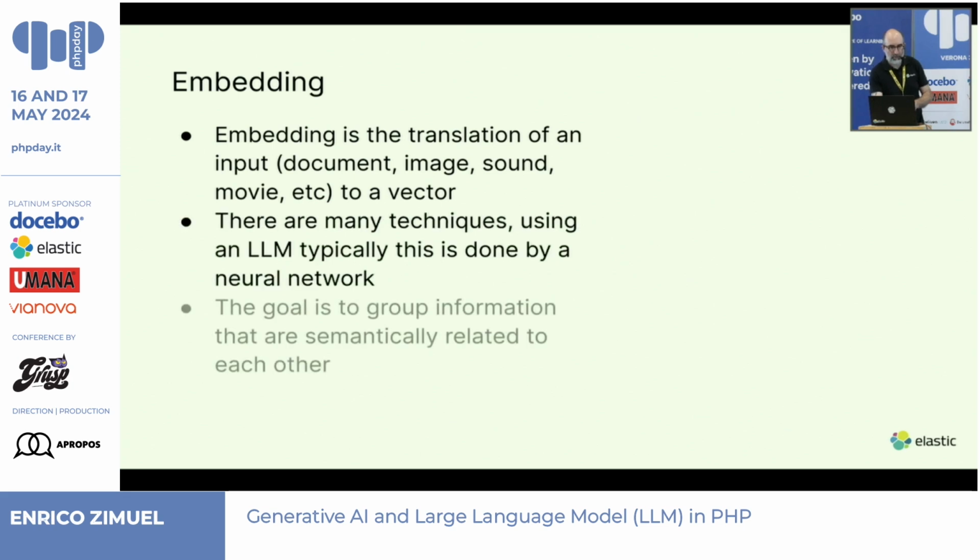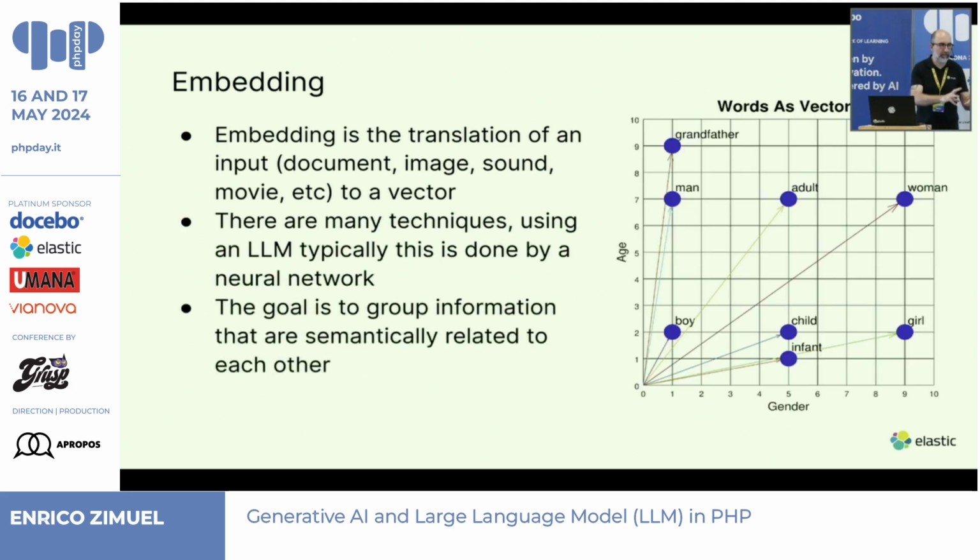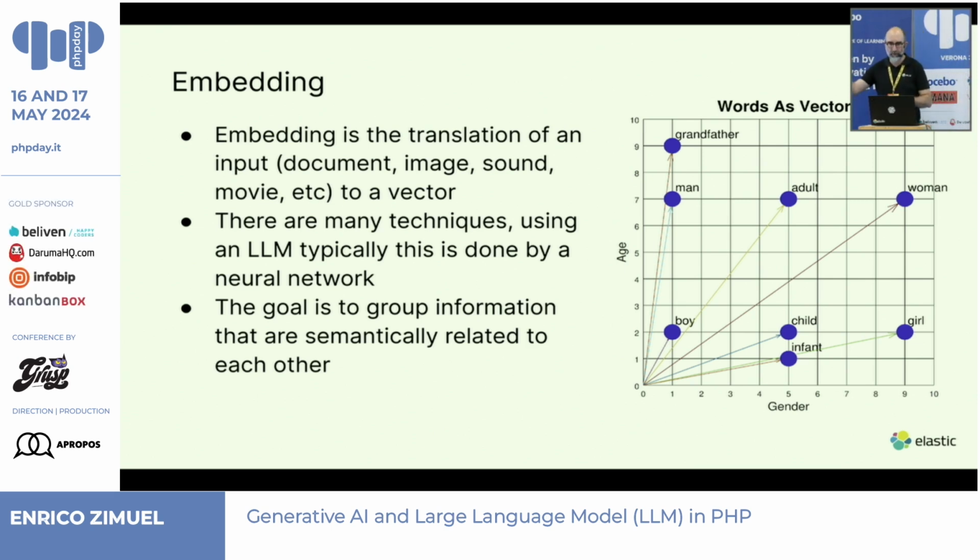The operation to translate a sentence into a vector is called an embedding. Here there is an example in 2-dimensional space, so of course it's very limited. But you can see that basically the words that are close to each other semantically are near each other.